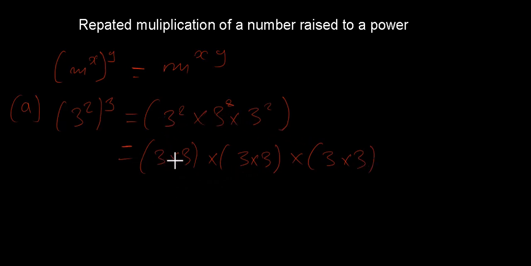We have just multiplied this, then this times this. We remove the brackets now.